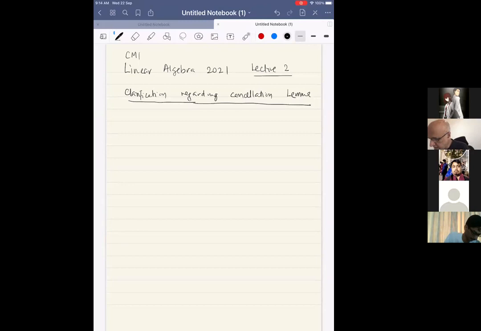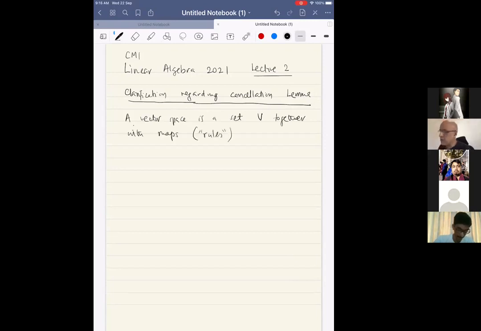Okay, so let's do this. So there is the definition. Let me call this definition 1. So a vector space is a set V together with maps, and sometimes they're called rules.